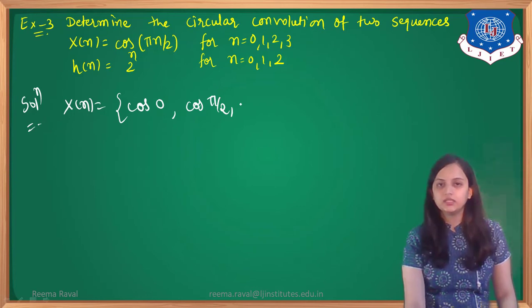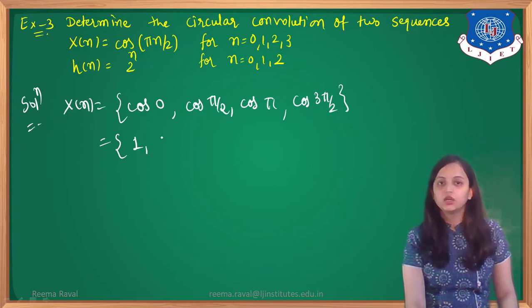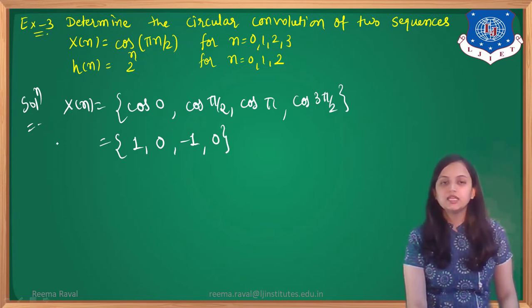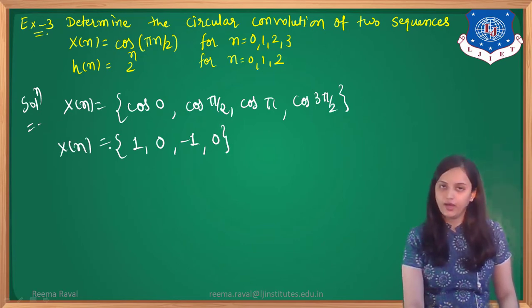Then the next value is cos pi, because 2 will be cancelled out. Then the fourth value is cos 3 pi by 2. Okay. So cos 0 value is 1, cos pi by 2 is 0, cos pi is minus 1 and cos 3 pi by 2 is 0. So this is the value we have obtained for x of n.